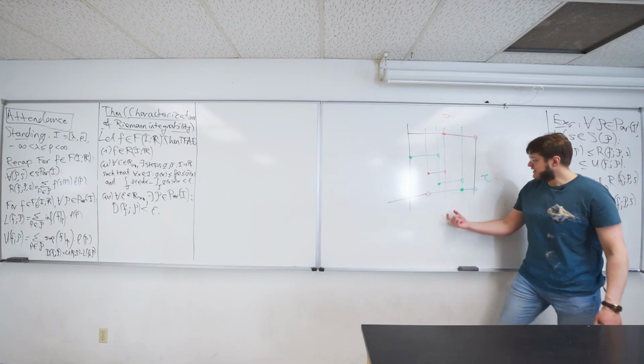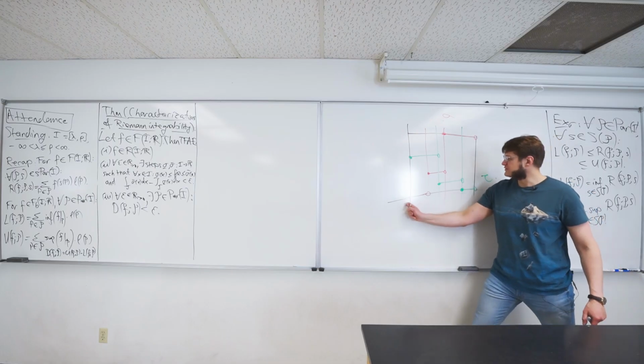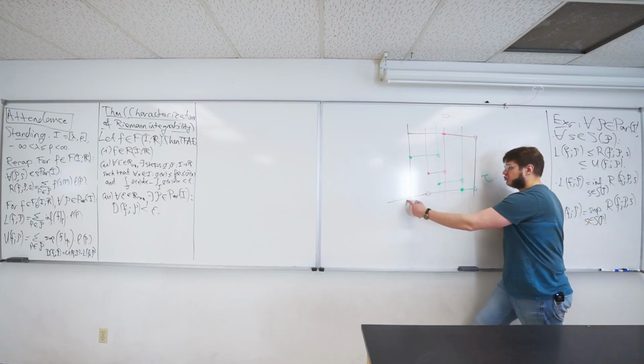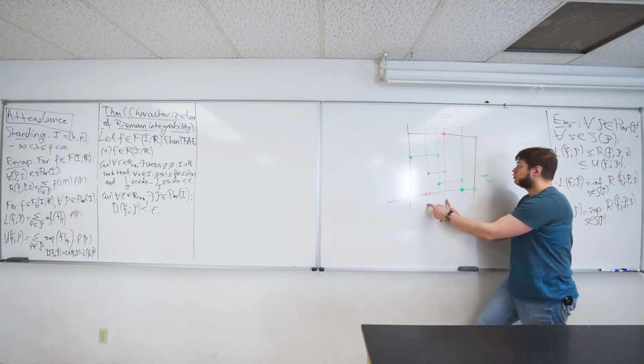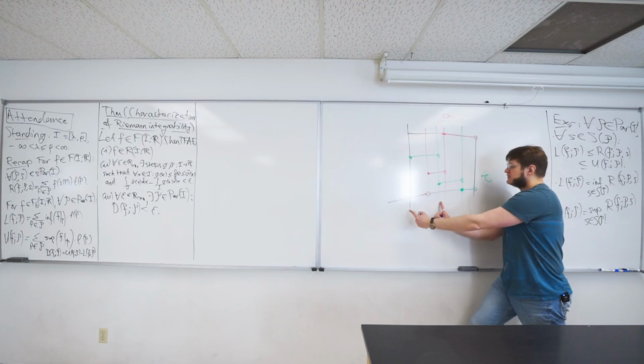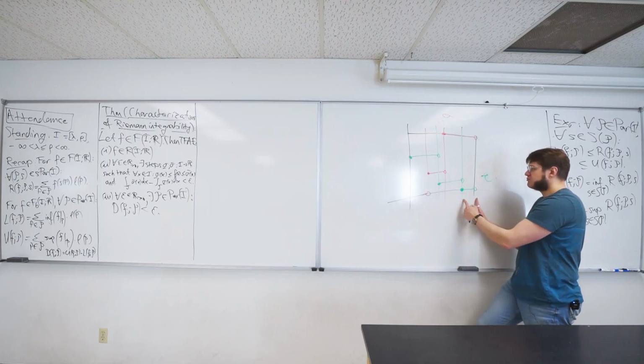well, sigma, or rather the level sets of sigma, split the interval, the domain, into 1, 2, and 3 pieces. And likewise, the level sets of tau partition the domain into 3 pieces, 1, 2, and 3.